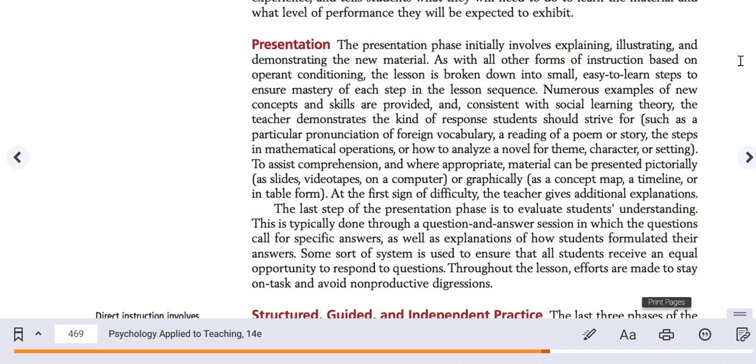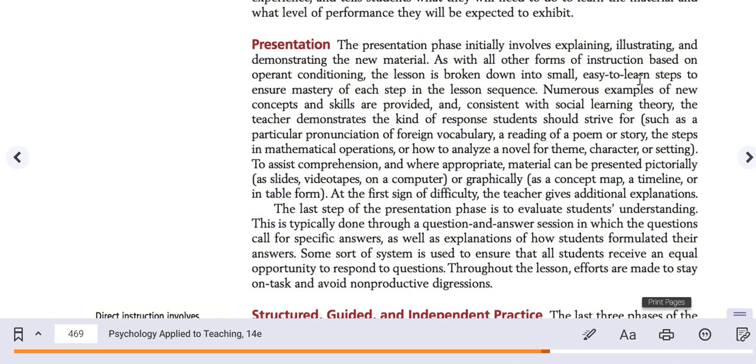To assist comprehension, and where appropriate, material can be presented pictorially, as slides, videotapes, or on a computer, or graphically, as concept maps, a timeline, or in table form. At the first sign of difficulty, the teacher gives additional explanations. The last step of the presentation phase is to evaluate students' understanding.